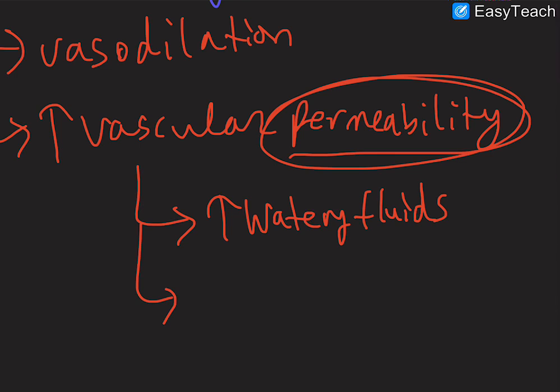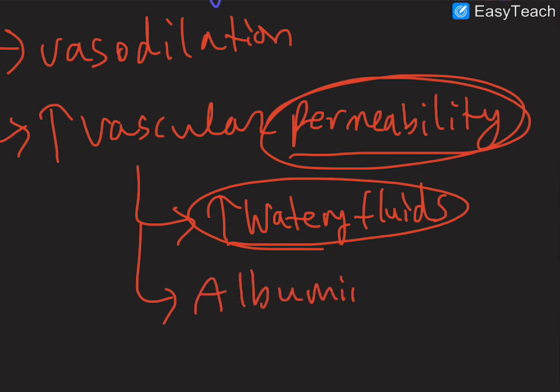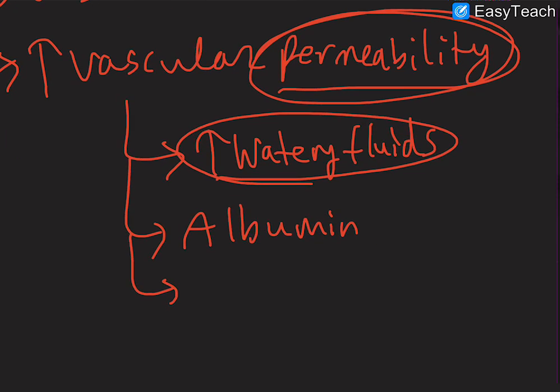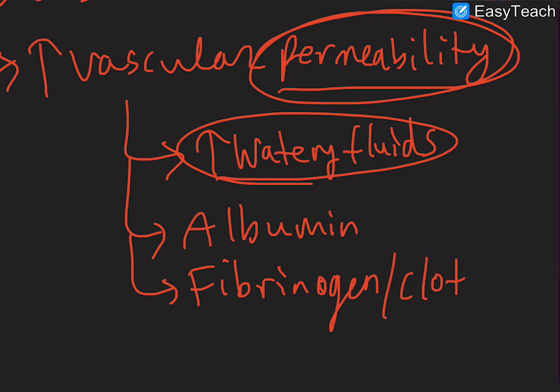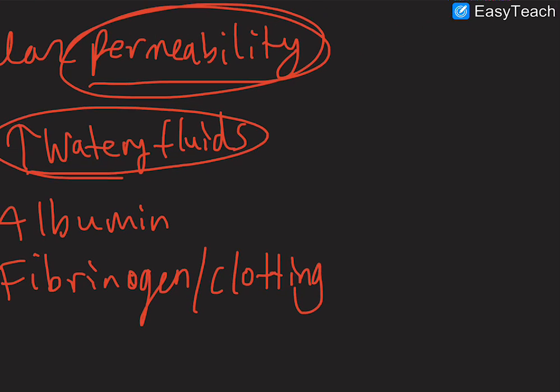So what are those more things? Not only can fluids come from your blood vessels into your deep tissue space, causing edema, but proteins can also. So proteins like albumin, for example, and certain clotting factors, and fibrinogen too. They're also present in your plasma.